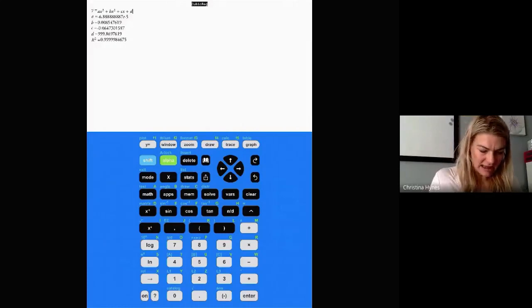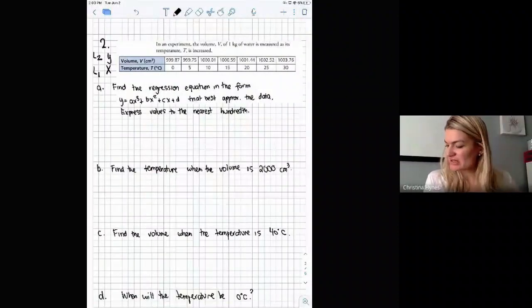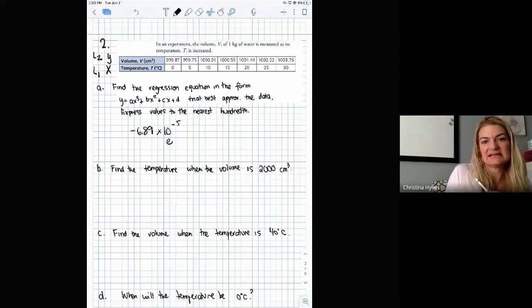So for question A, I'm going to write the equation in the form that they gave you. They said they want the answers to the nearest hundredth. So I'm going to write negative 6.89 times 10 to the negative 5. That's what that E stands for. E to the negative 5 is 10 to the negative 5.